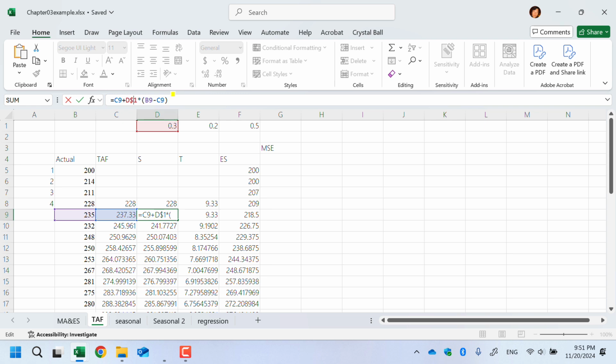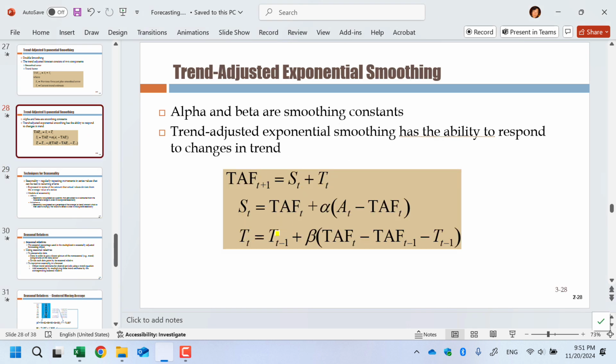That's your new S. And your T is also calculated differently, this is a beta, okay? So the difference of the TAF and then your previous T. I think I can show you the formula here, right? Your new T is old T plus beta times the difference of the TAF minus previous T.